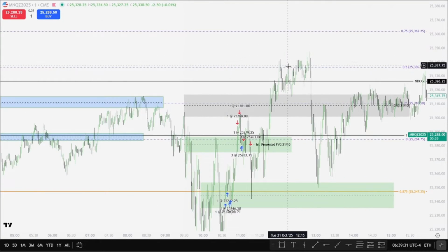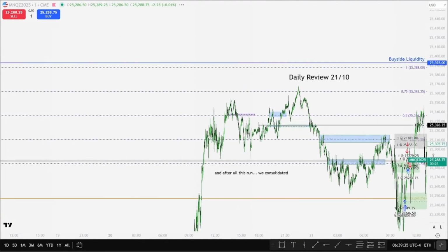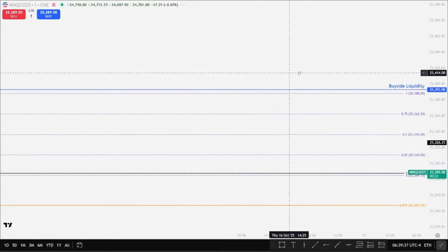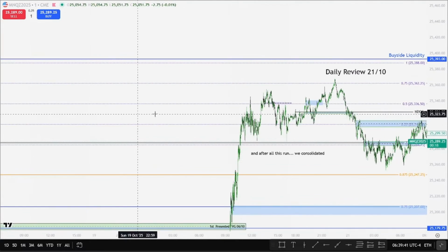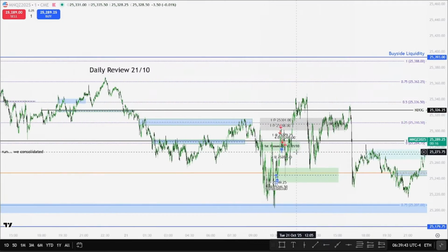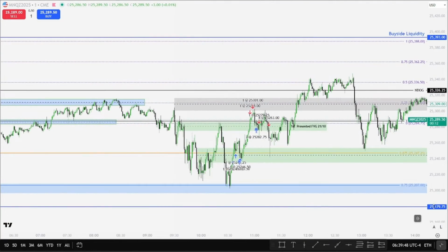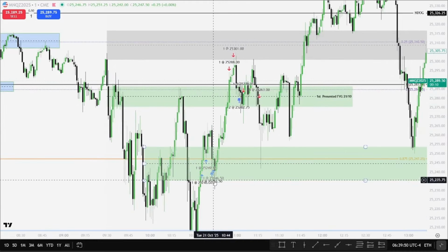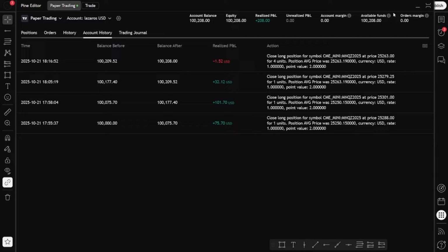These were my targets, and that was my be-all end-all target here, the final target. I never hit it, but I got 50 handles, as you see. That's something.